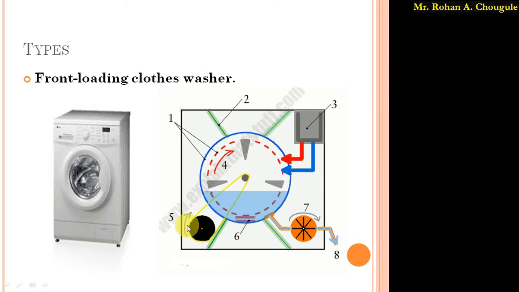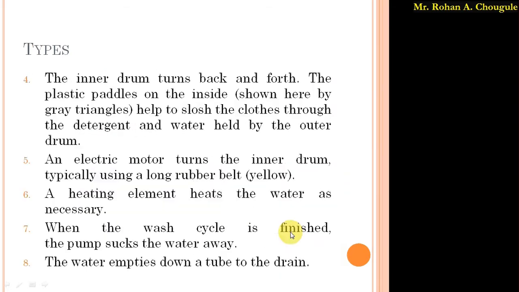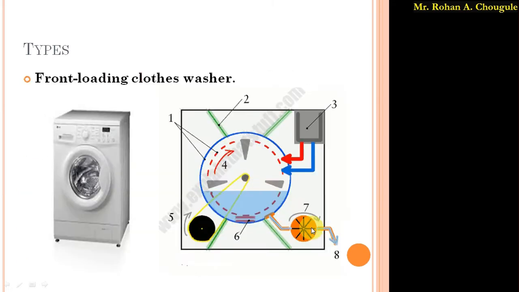After the washing completes, we have to remove this water from this washing machine or from this drum. To remove that from this drum, here we have used a pump. The pump sucks the water from the drum, and this pump is shown by the orange color, 7th number point.